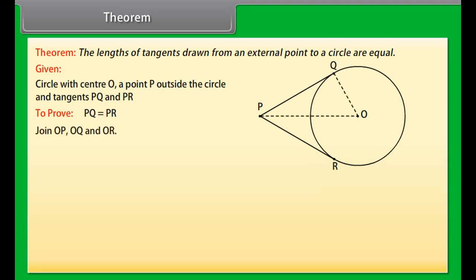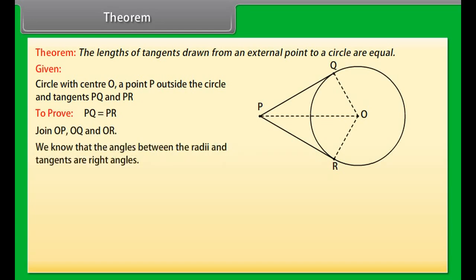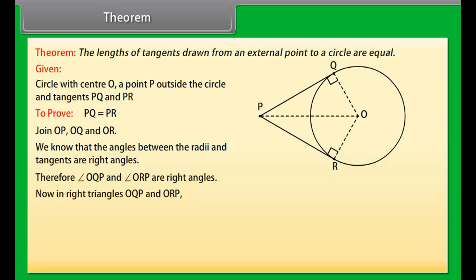Let's join OP, OQ and OR. Now we know that the angles between the radii and tangents are right angles. Therefore, angle OQP and angle ORP are right angles. Now in right triangles OQP and ORP, OQ is equal to OR because these are the radii of the same circle.